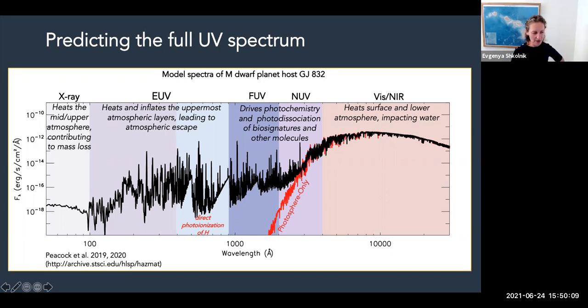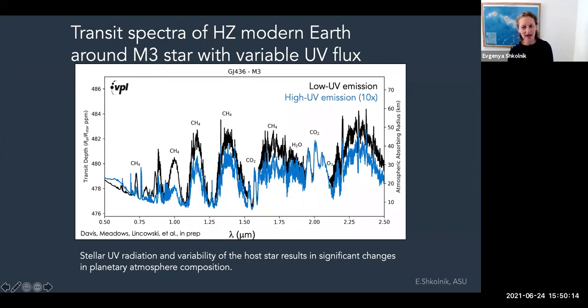This work is led by Sarah Peacock, who's now at Goddard. So to give you one example, and I have one at the end as well, here is a transmission spectrum of a habitable zone, modern Earth around an M3 star, so a mid-M, that shows the effect of whether the star has 10 times the UV emission than some baseline here.